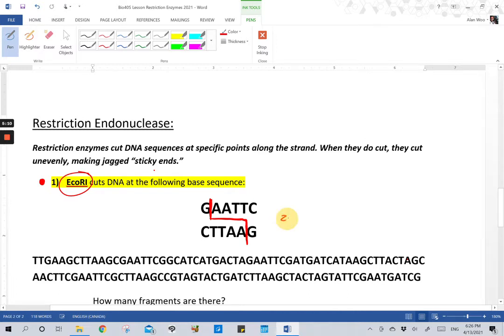So it makes a zigzag cut, but it will only cut along this specific base sequence.